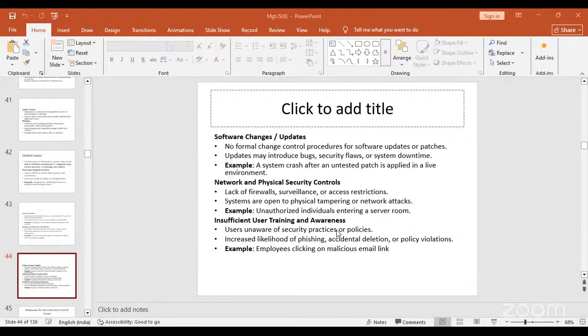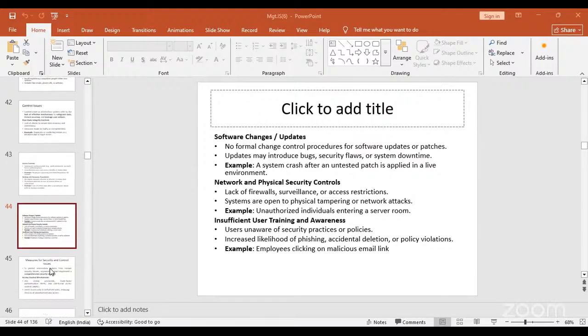The network and physical security controls are there, such as lack of firewall, surveillance and access restriction. Also, insufficient user training and awareness is a control issue of the information system. If users are not trained to use the system, you face some issues.